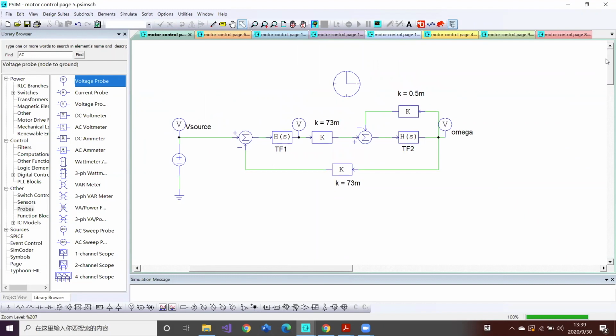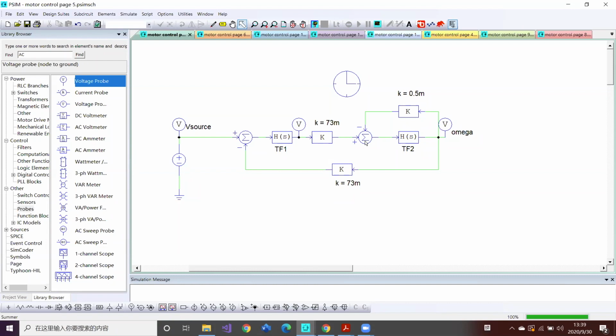This is the mathematical model for our DC motor. Actually this is the same thing as our last model, just put in a mathematical way. You can think of this as the transfer function of our physical DC motor.